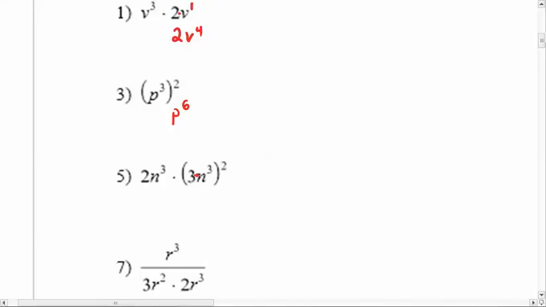To show you why, 3n to the third power squared is 3n to the third times 3n to the third, which means the 3 has to be squared and the n to the third has to be squared. You can see that the squared gets distributed to each of the pieces of that term. Yes, this is one term; in fact, this whole thing is one term because it's all multiplication. But we have to distribute the squared to each piece. So this is going to be 3 squared, and then n to the third squared. We just talked about how we multiply the exponents, so 3 times 2 would be 6.